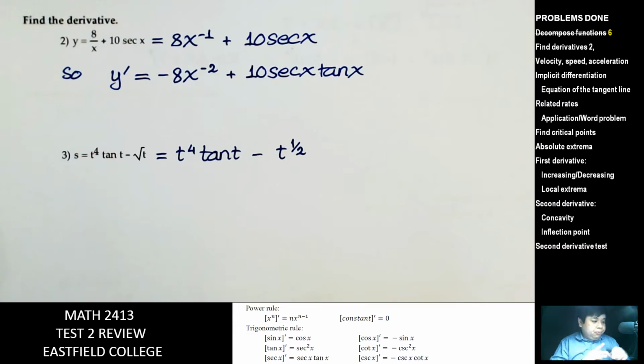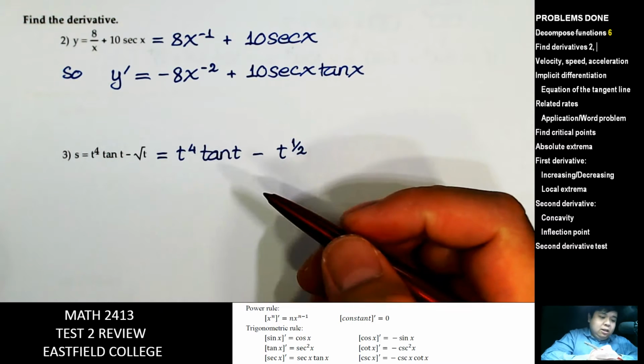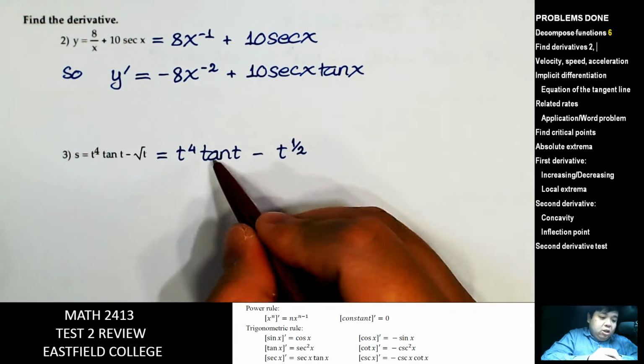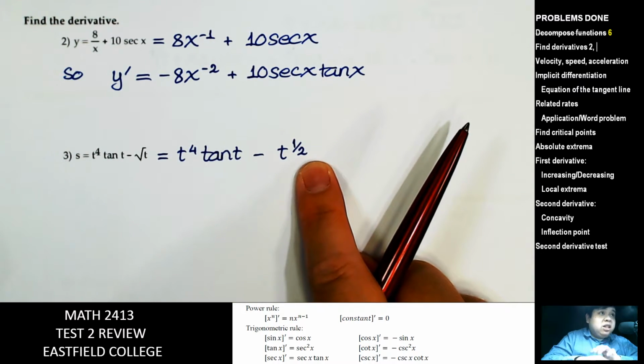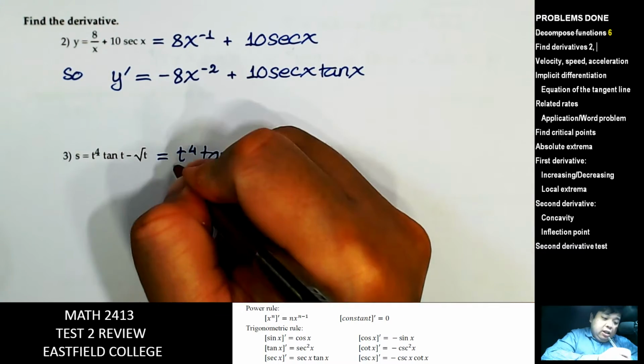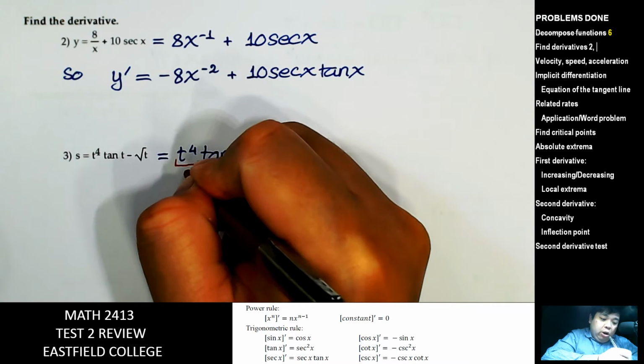Like that. Right. Next, this requires us to use the product rule. By the way, we just rewrite the function, haven't taken derivative yet. Now we use the product rule.